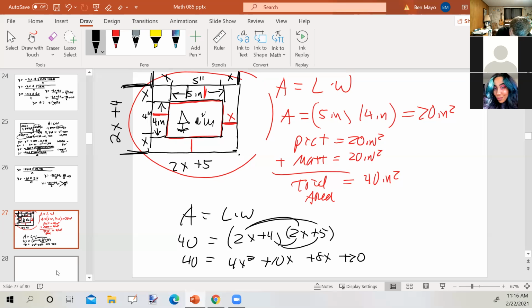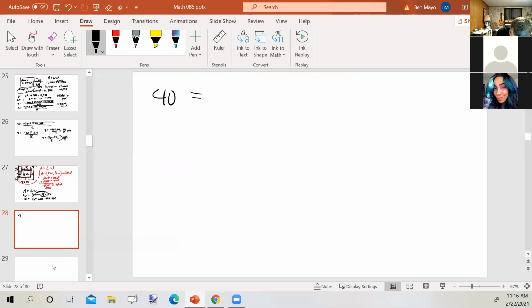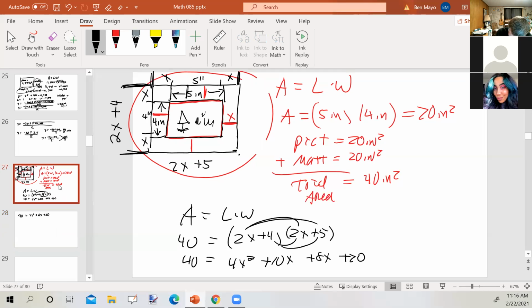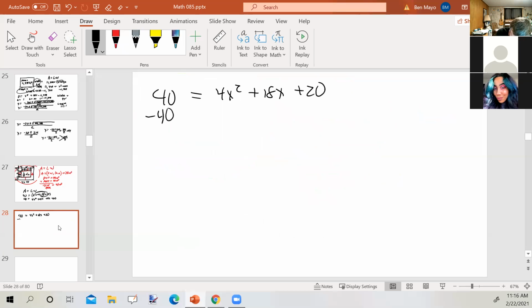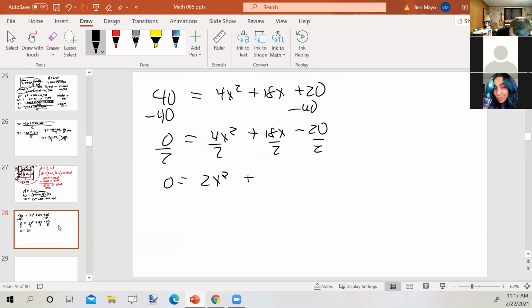I'm going to take that to the next page. 40 equals 4X squared plus 18X plus 20. I think I got that copied right. Subtract 40 from both sides. 0 equals 4X squared plus 18X minus 20. I'm going to divide everybody by 2. 0 equals 2X squared plus 9X minus 10.